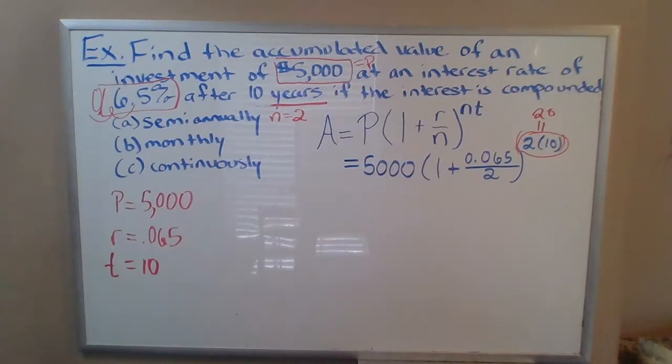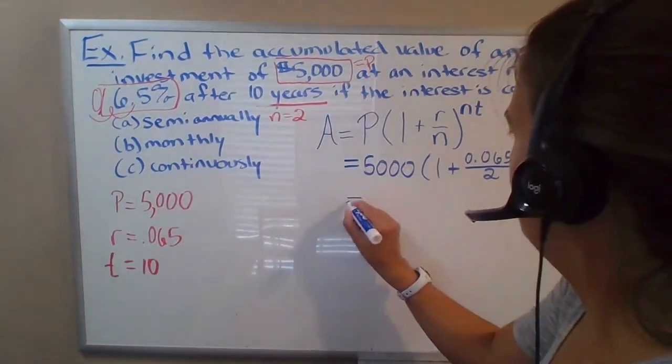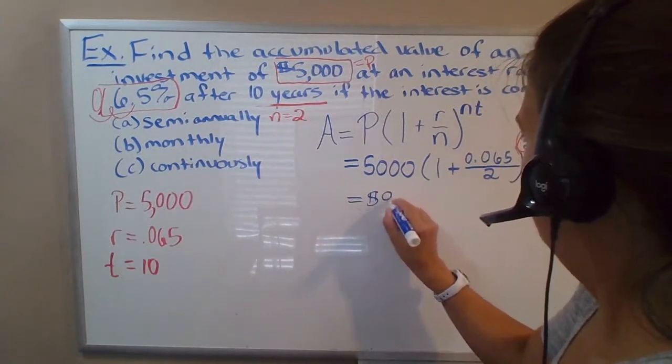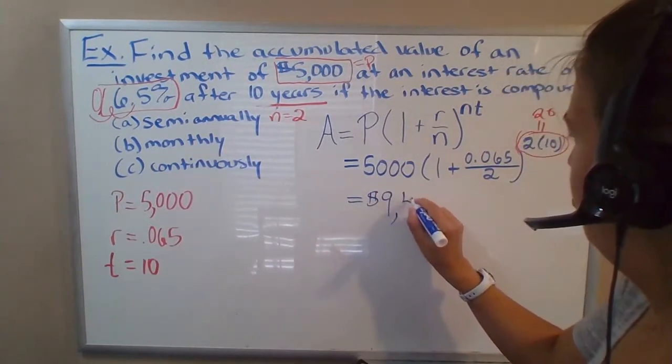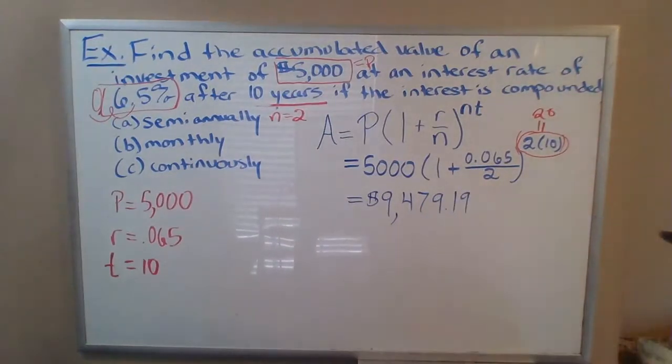So if we do 5,000 times 1 plus 0.065 divided by n, which is 2, to the n times t, which is 20, after 10 years, this gives you $9,479.19.